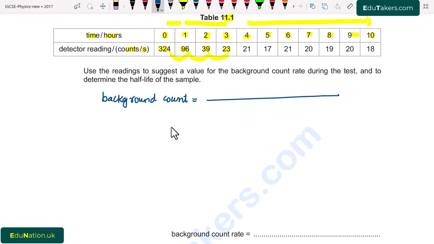So I write here 21 plus 17 plus 21 plus 20, 19, 20 and 18, and in total these readings are 136, divided by 7. So there are 19 counts per second.